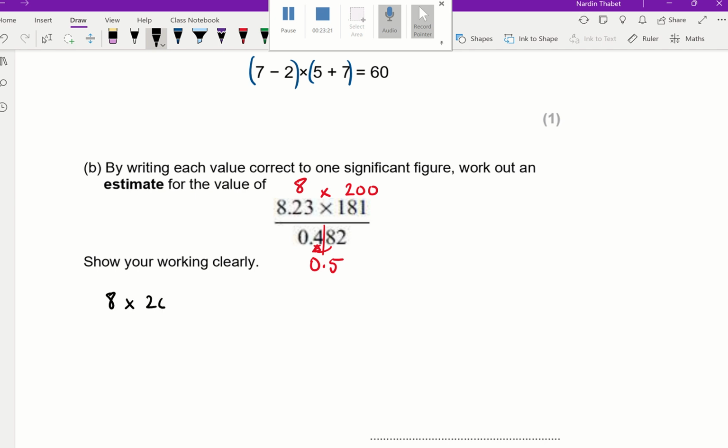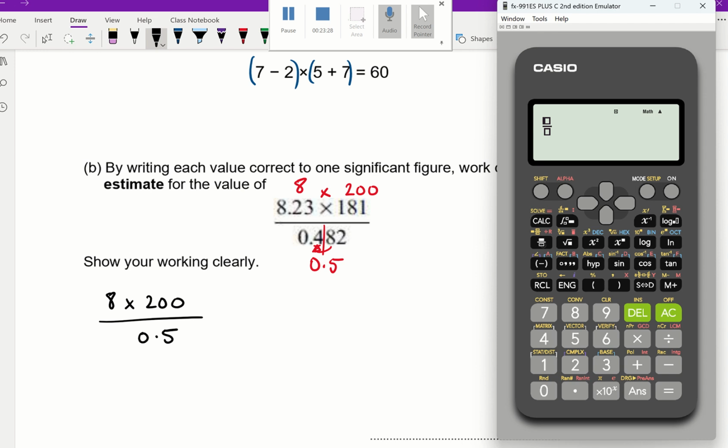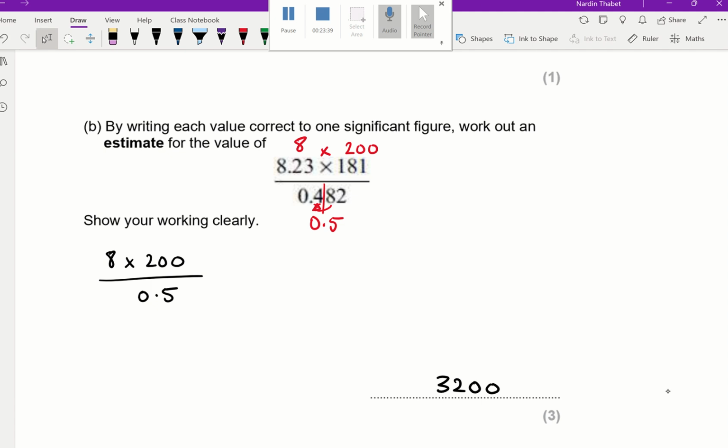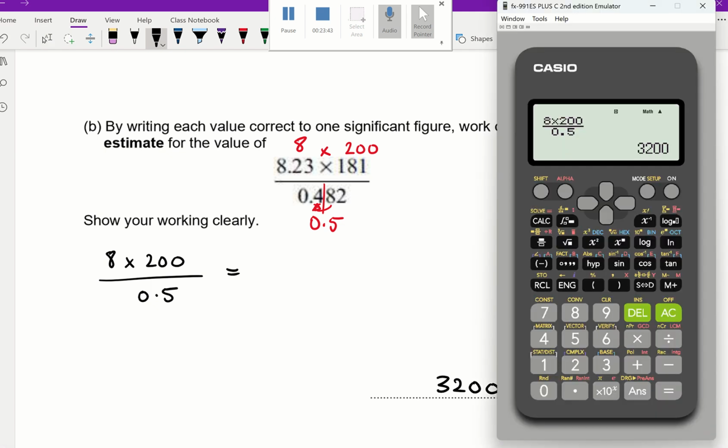8 times 200 divided by 0.5. And you'd get your calculator and you literally would do it. And you may want to put an extra fraction.